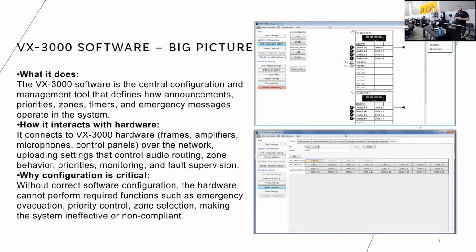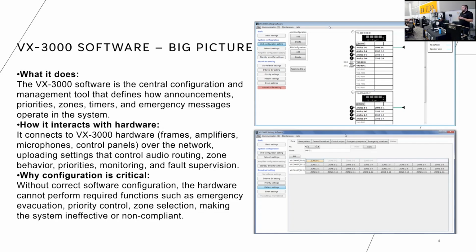Big picture. The VX1000 software is a centralized configuration tool that you use for your whole system-wide configuration: assigning zones, priorities, your scheduling, your emergency messages, and uploading your custom-made music sources.